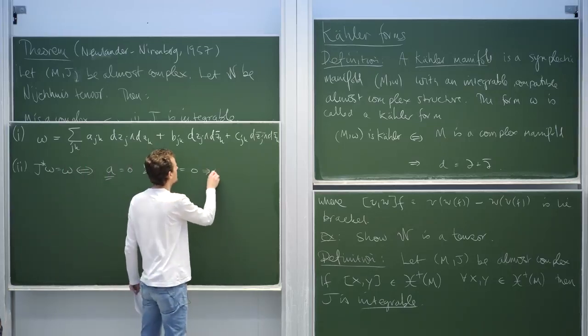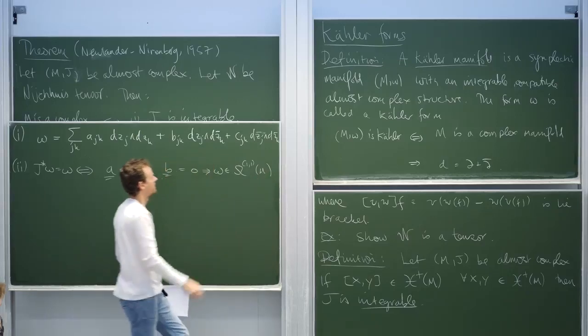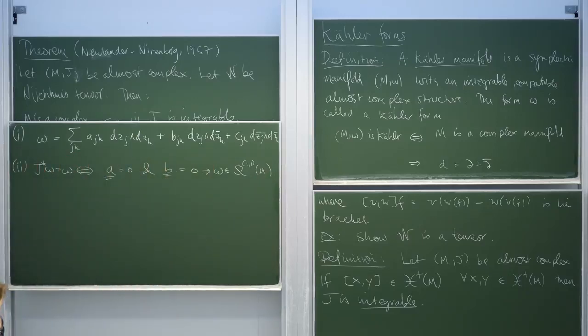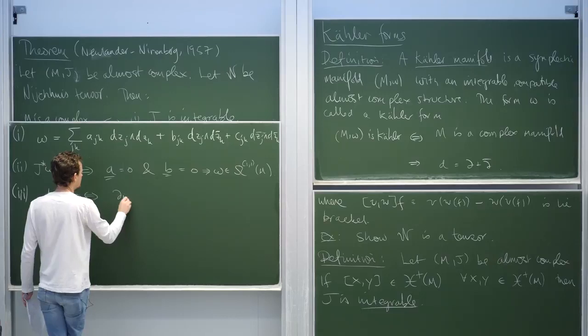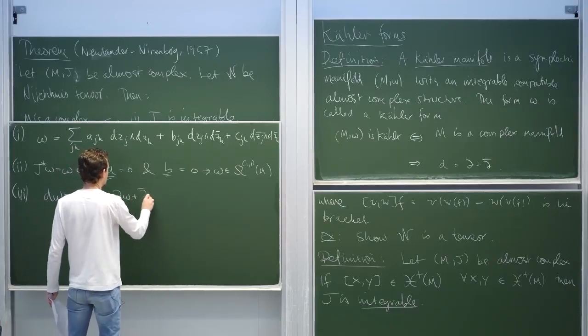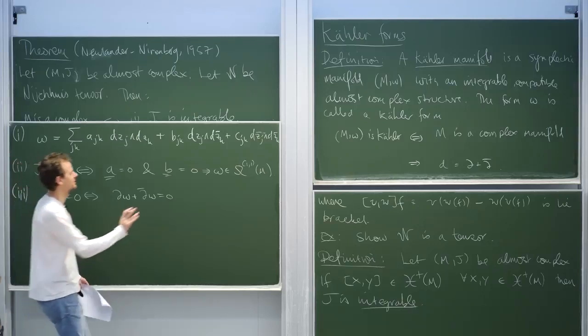Well, omega is a 1 + 1 form. Well, it's closed, right? We know that the 2 form omega is closed. It's like saying that d plus d bar is 0. I mean that C has to be 0, yes, thank you.